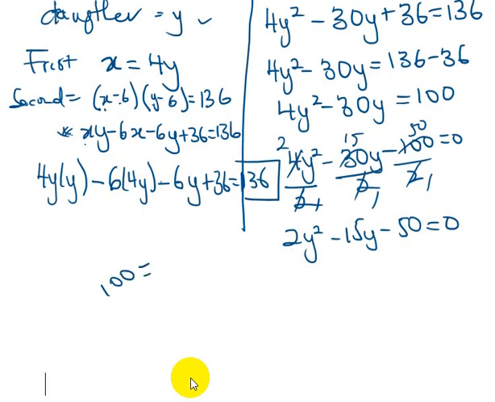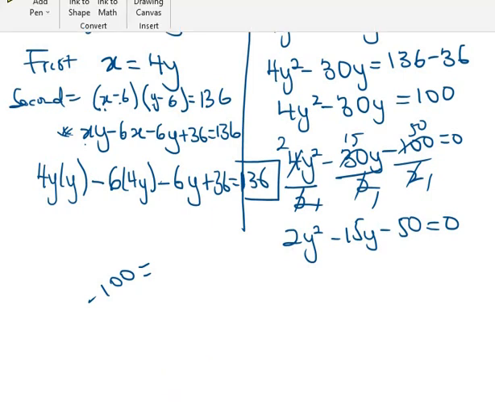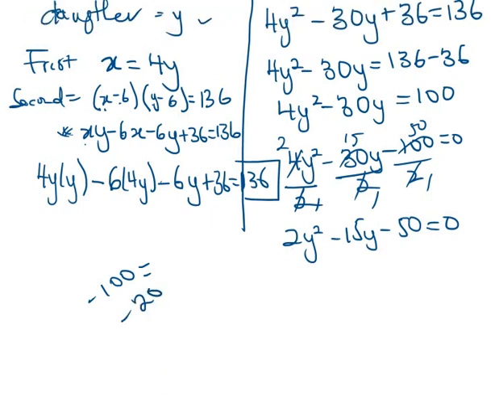Then we find factors of minus 100 that multiply to get minus 100, but add up to minus 15. And that is minus 20 and 5. Minus 20 times 5 will give us minus 100, and minus 20 plus 5 will give me minus 15.